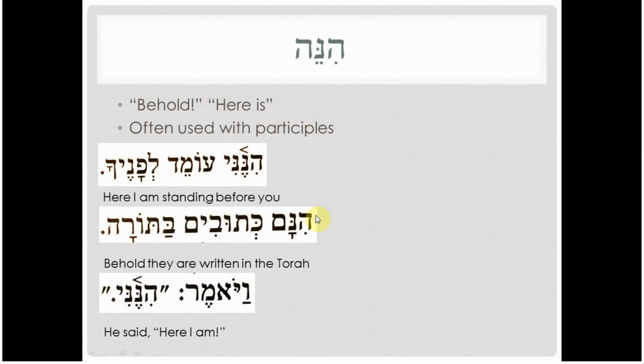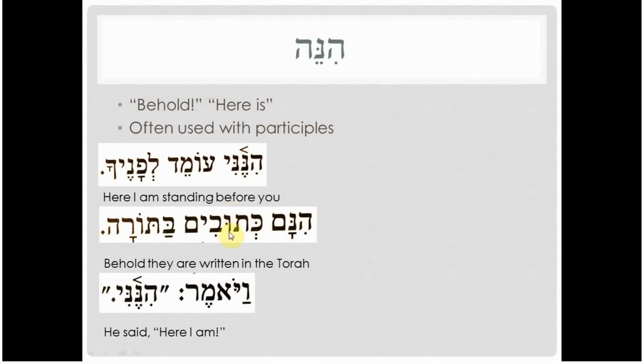Here's another one. Hinam ketuvim batorah. So behold or look, they are written in the Torah. So the mem ending here is masculine plural. So they are, look or behold, they are written, ketuvim.